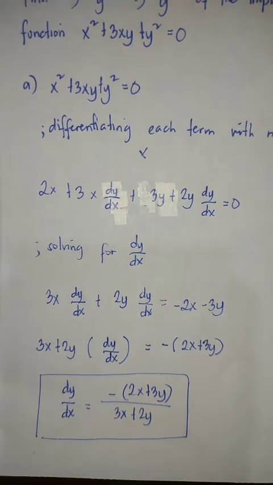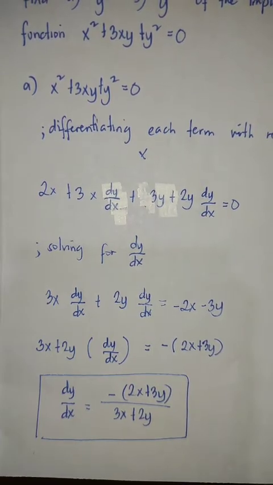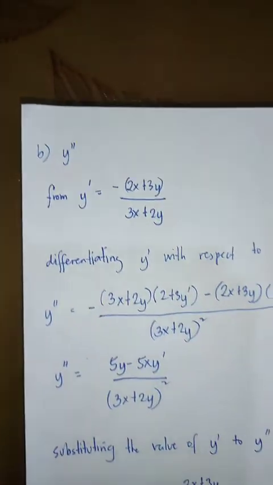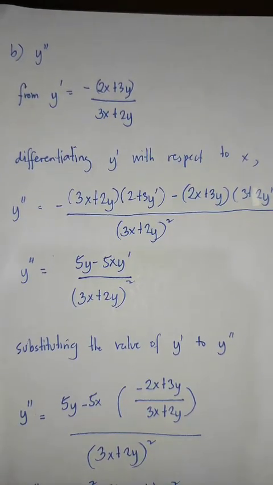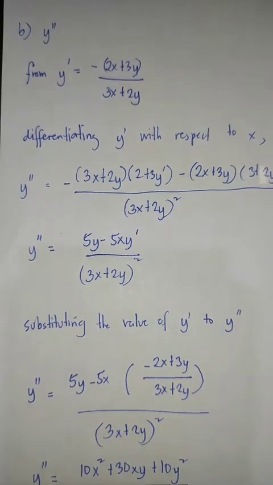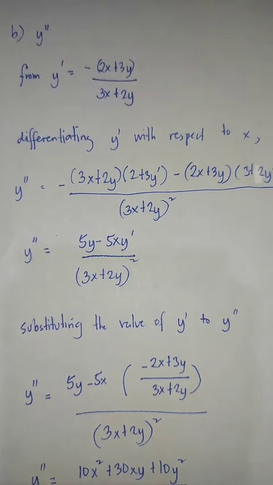So, for that, magiging siyang ganito. Diba ito yung first derivative, y prime is equal to negative 2x plus 3y over 3x plus 2y. So, differentiating y prime with respect to x.